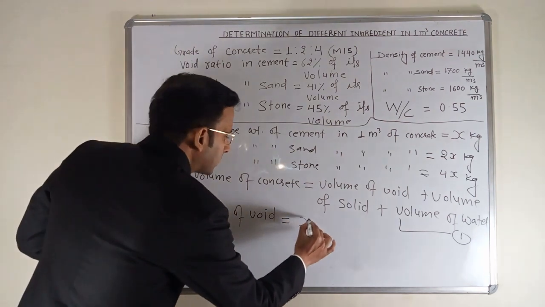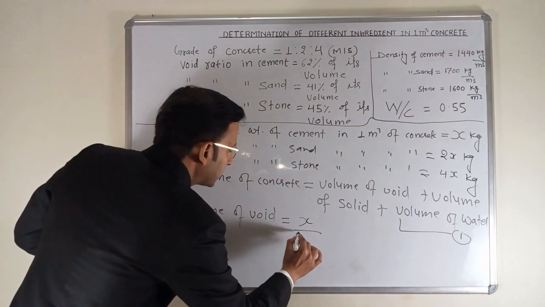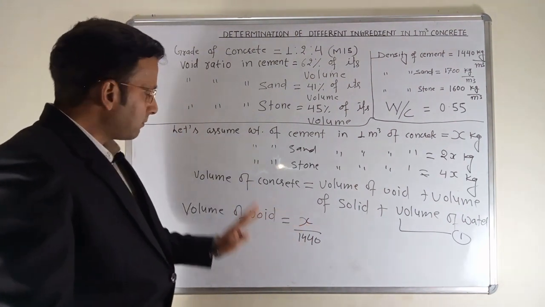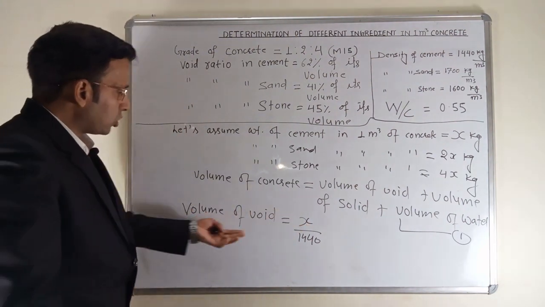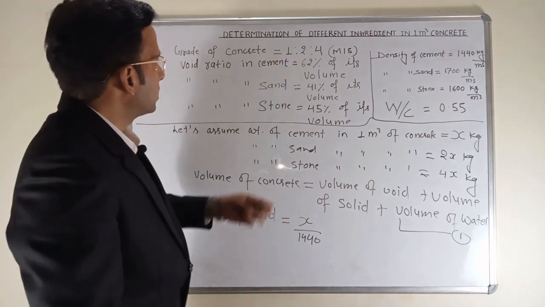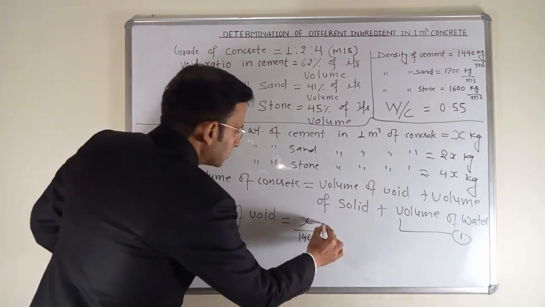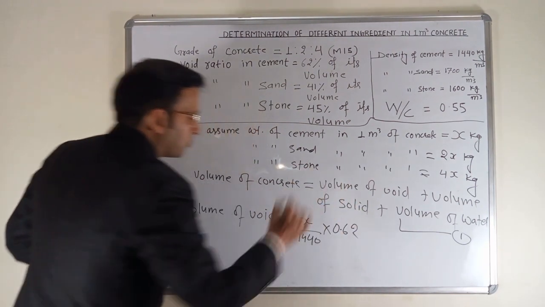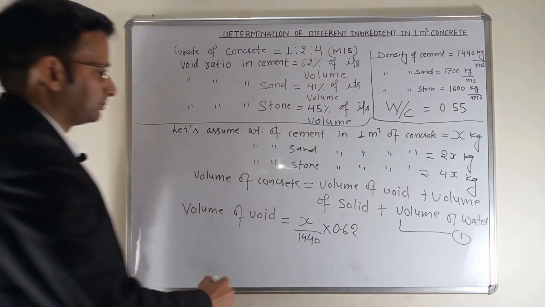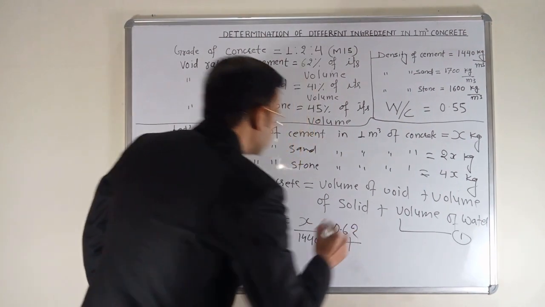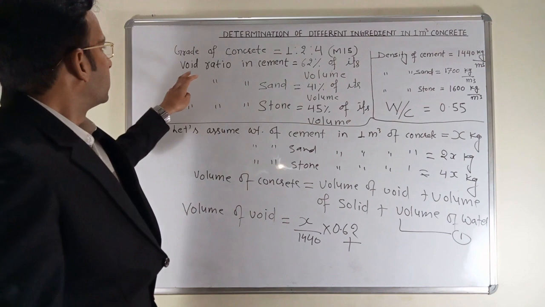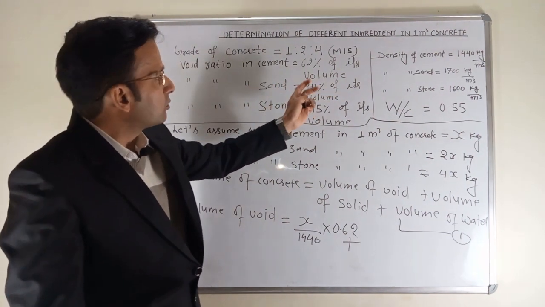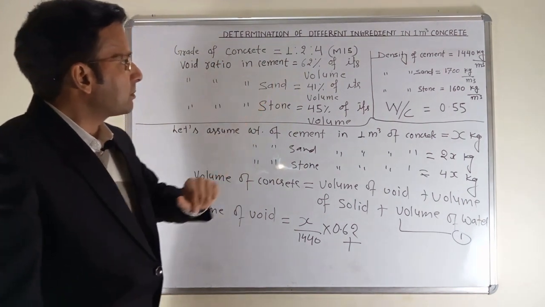So x upon 1440 is nothing but the volume of cement. So volume of void is equal to 62% of its volume. 62 by 100 becomes 0.62. But within the sand, the void ratio in sand is 41% of its volume.